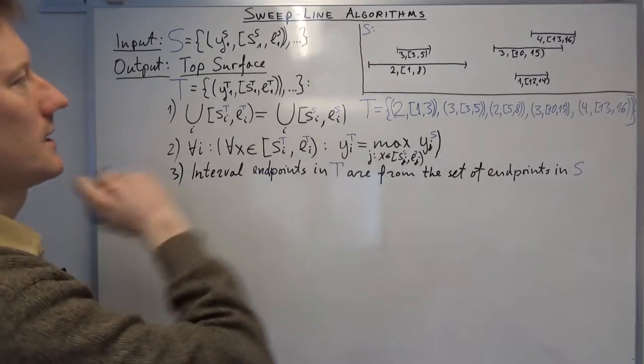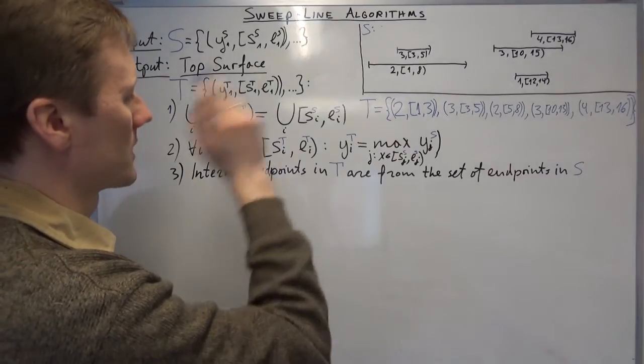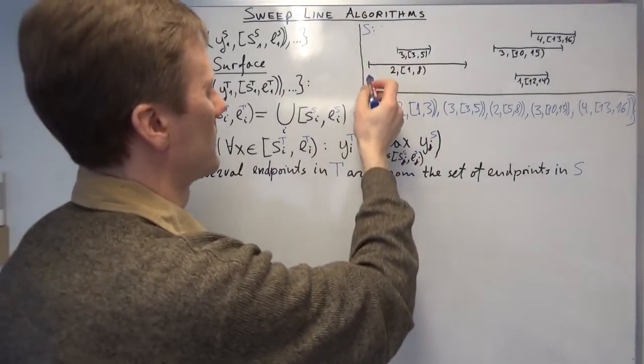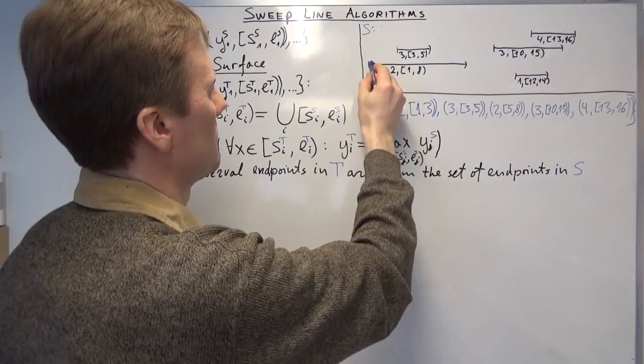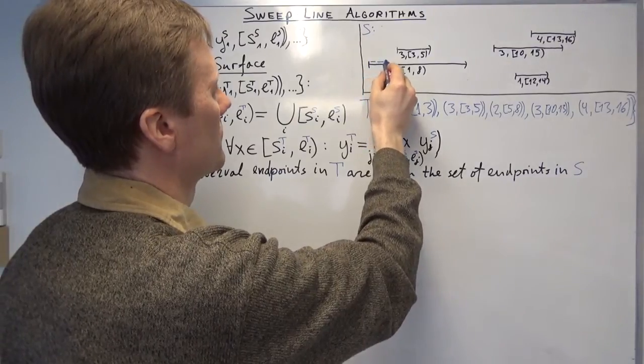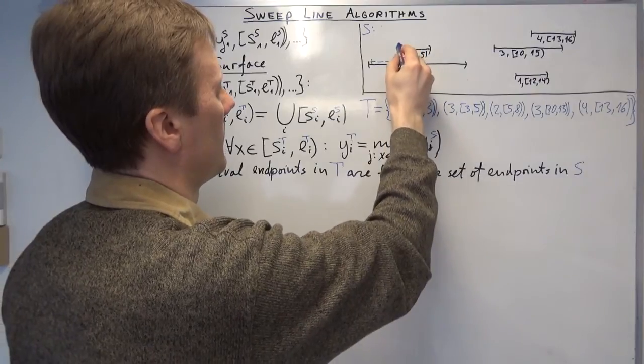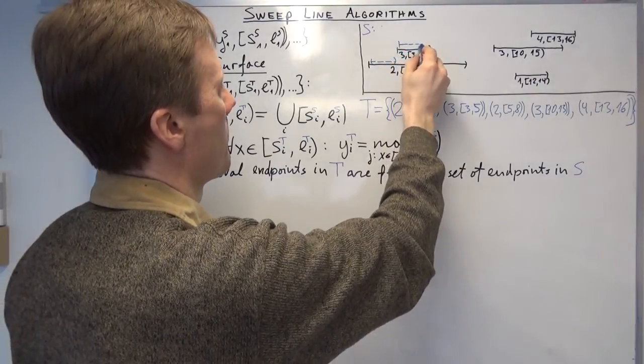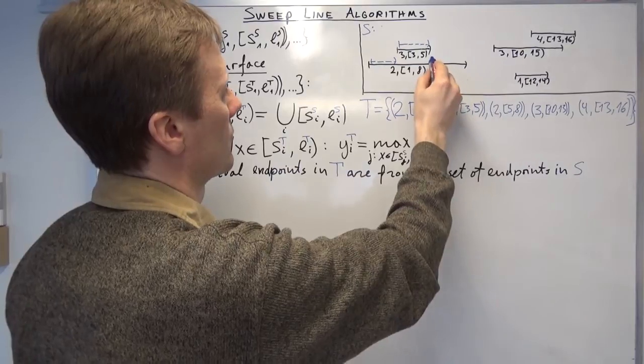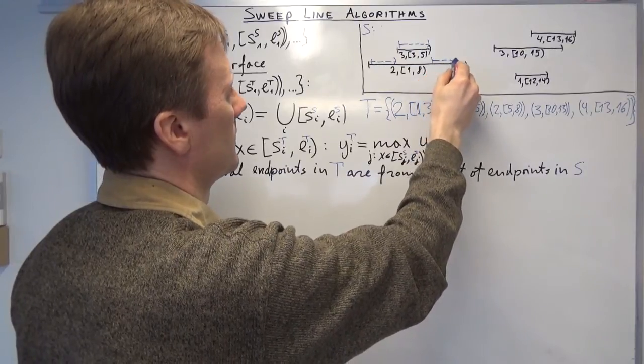So let's first draw the example here and we'll see what we mean. So the output intervals will look like this. Here I draw them in blue and in dashes.